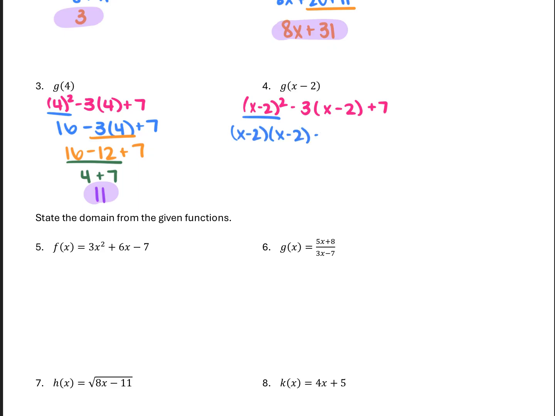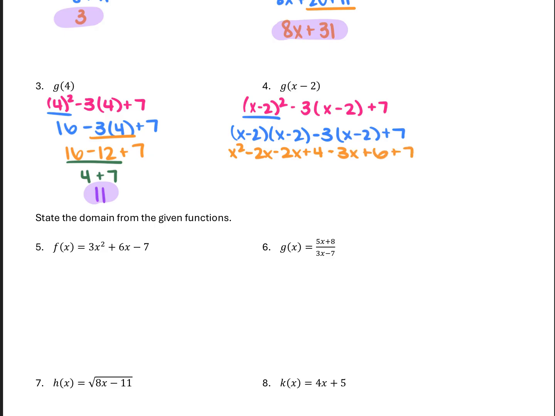We're going to keep the minus 3 times x minus 2 plus 7. From here, we're going to FOIL out the x minus 2 times x minus 2. That'll give us x squared minus 2x plus 4. We can also distribute that negative 3 in to get negative 3x plus 6 plus 7.